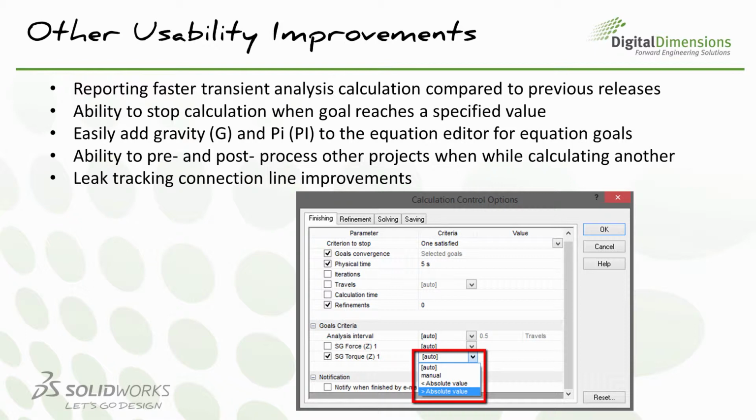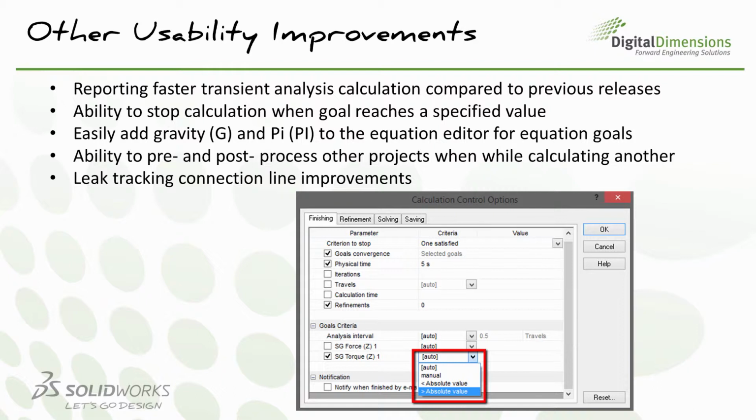If you look here at the screen at the bottom there, in the red rectangle, we can go in and specify any or all of our goals, and we can give it a specific value. We just click on the greater than or less than an absolute value, and we enter a value, and the calculation will stop once it satisfies that Boolean operation. The next enhancement is quite nice. It's the ability to add gravity and pi to our equation editor when we're editing our equation goals.